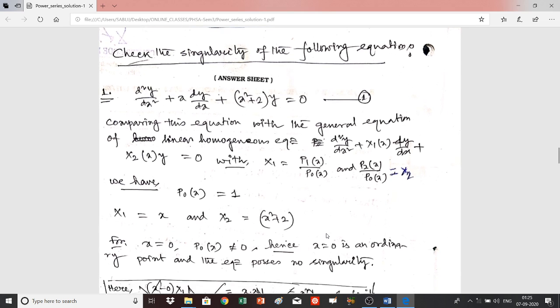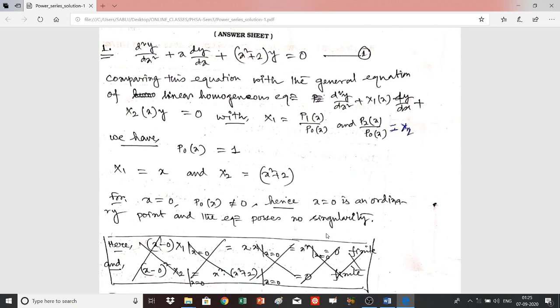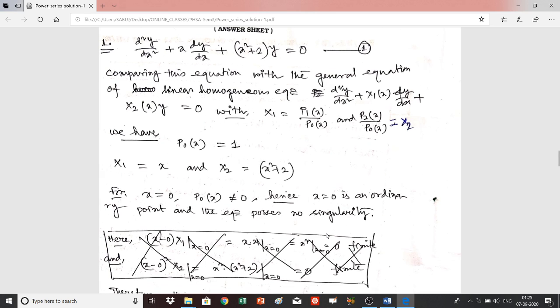Now if we use the value of x as 0, then we can easily understand that P0 at x equal to 0 is equal to 1. So P0(x) is not equal to 0 at the value x equal to 0. So x equal to 0 is an ordinary point of the given equation, and this equation can therefore easily be solved in the power series method, and this equation has no singularity.